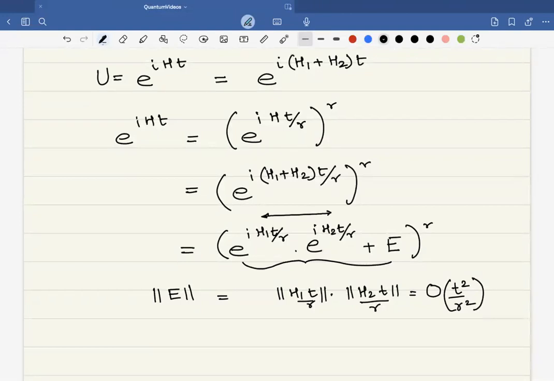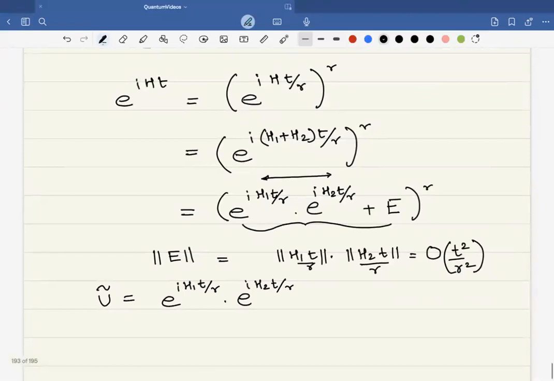So if I take my U tilde, which is an approximation, to be e to the i H1 t over r times e to the i H2 t over r, then the question is how large must r be so that I can reduce this error term?